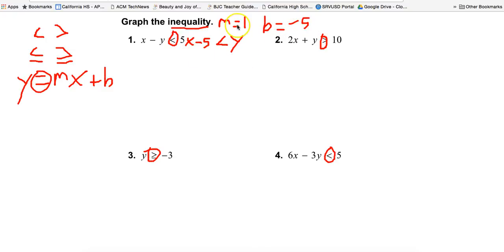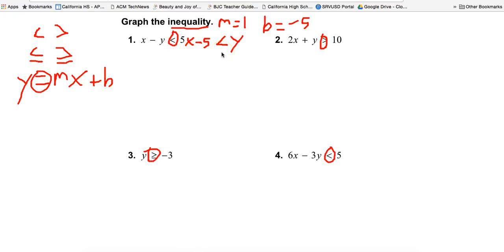So in this case, we're just graphing a line that has a slope of 1 and a y-intercept of negative 5. Now, before we can graph this, we have to figure out if we graph this with a solid line or a dashed line.